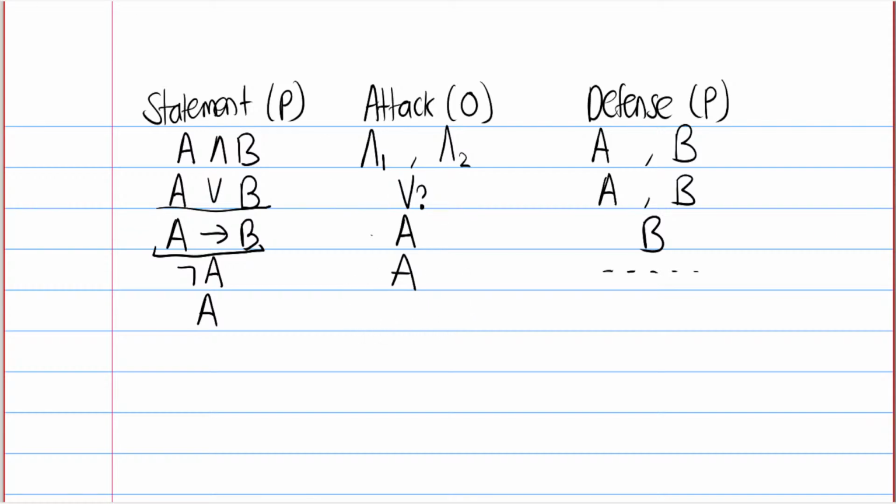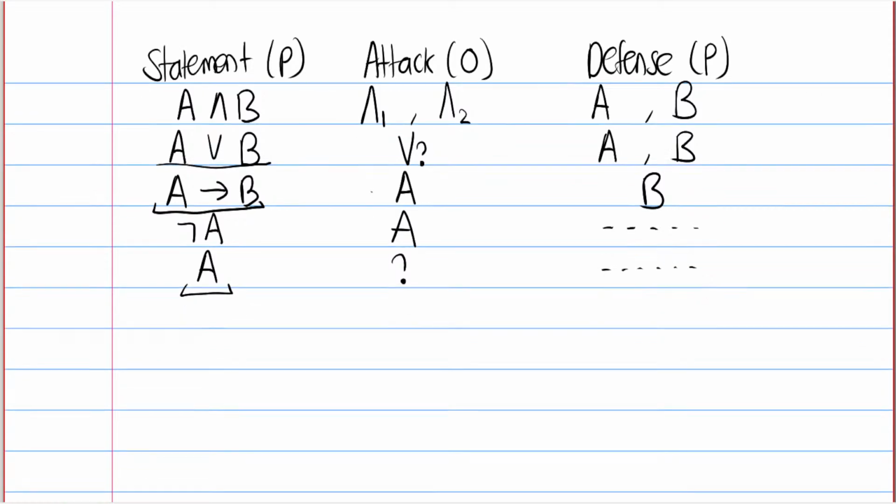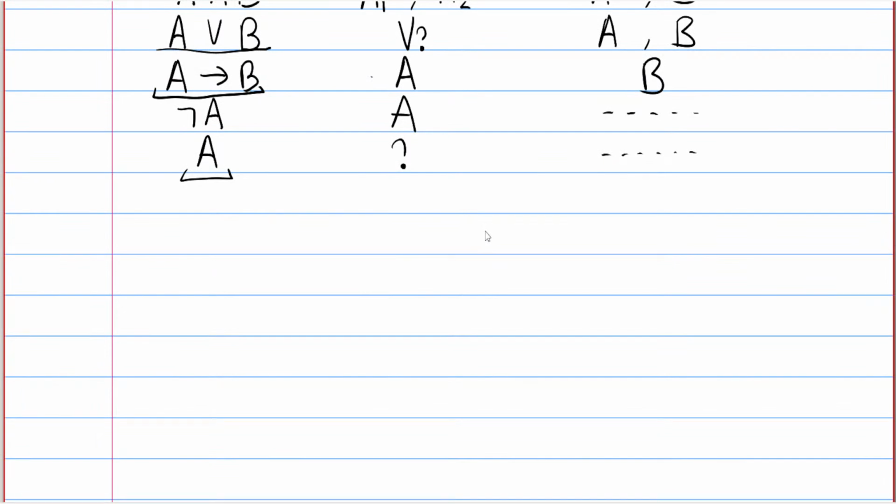Now, here's another weird thing. This statement, O has an attack. I'm just gonna give it with a question mark. And P also has no defense. How am I gonna explain this?